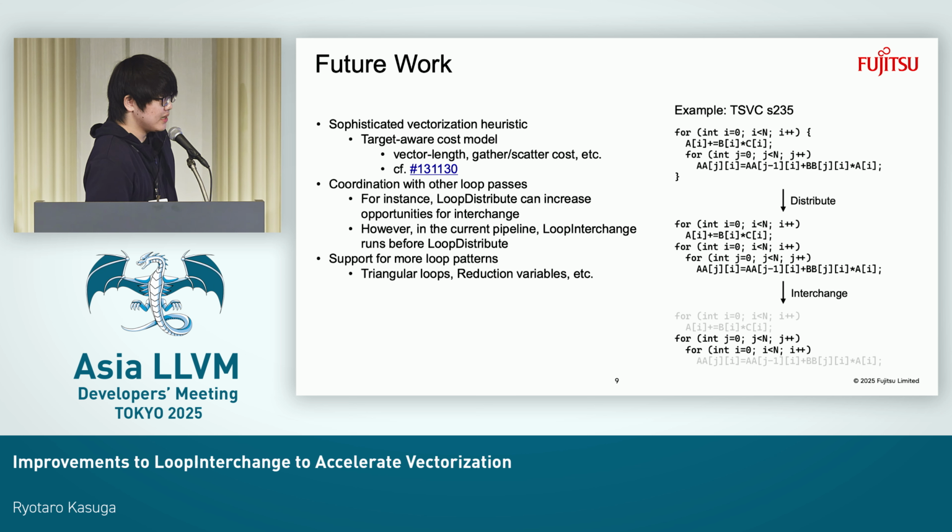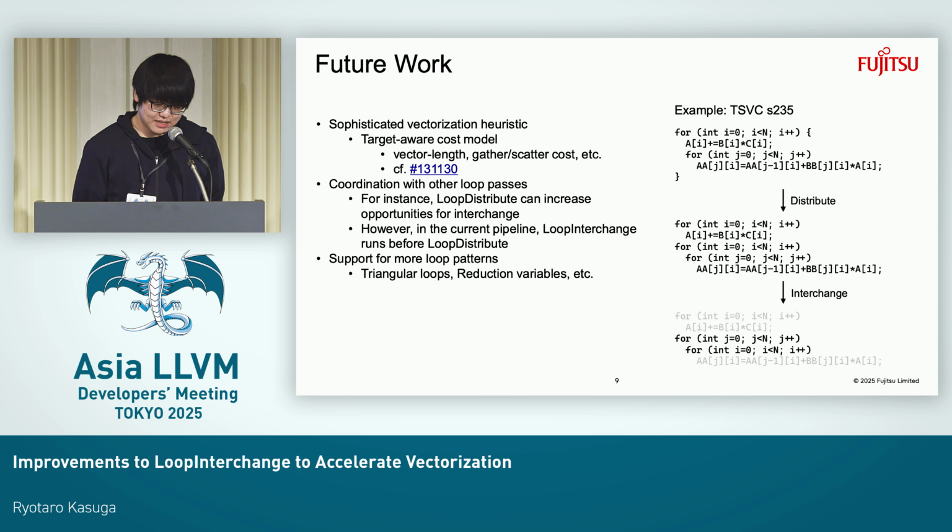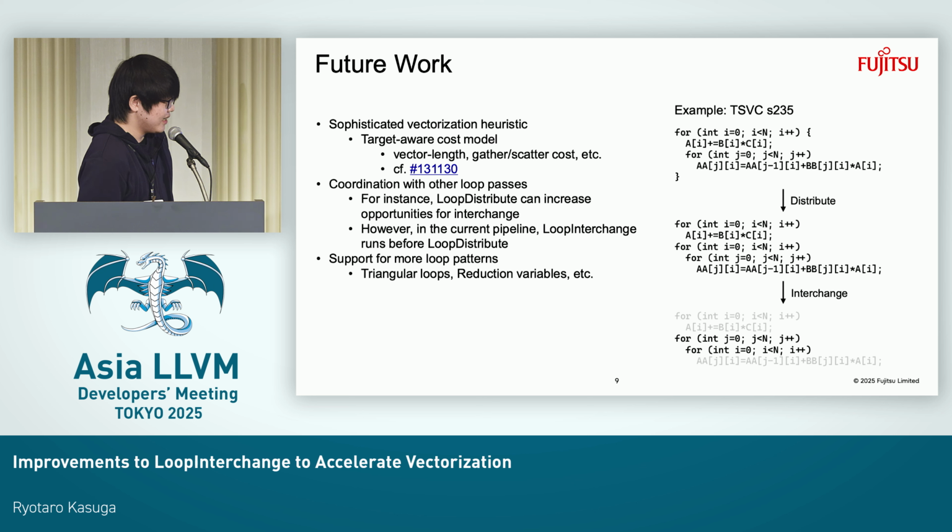It means considering, for example, vector lengths or the cost of gather/scatter, to achieve better performance. I think some analysis like loop access analysis does something similar, but loop interchange doesn't use it, and instead uses the analysis named dependency info. So it is not so easy.